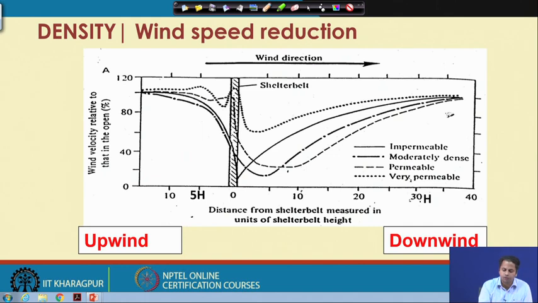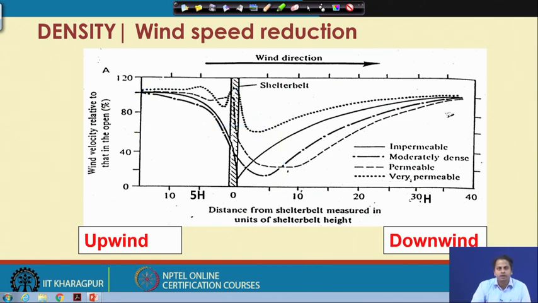Contrary to that, if you see a very permeable one, there is no significant change. Very near to the windbreak, the wind flow condition was around 90%, with 100% being the open flow condition, and near 7 h or 8 h it is around 60 to 70%. So, there is not much change.